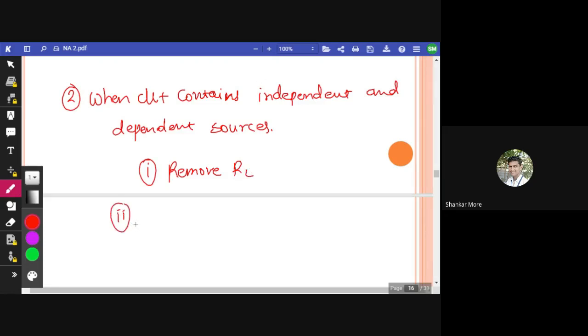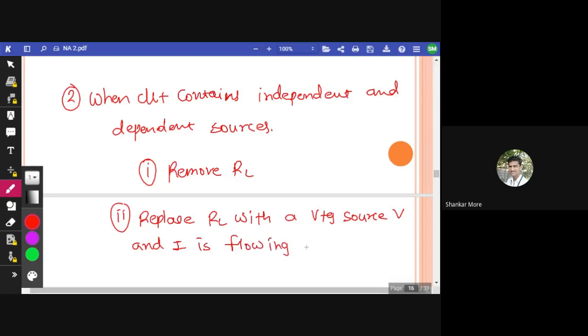Second step will be replace RL with a voltage source V, and current I is flowing from it, and calculate V by I. So V by I will be equal to RTH only, right?